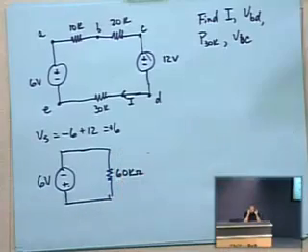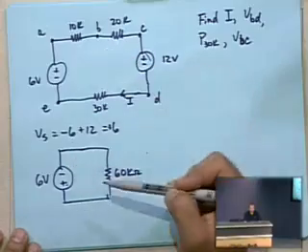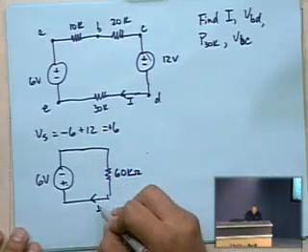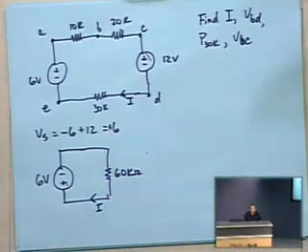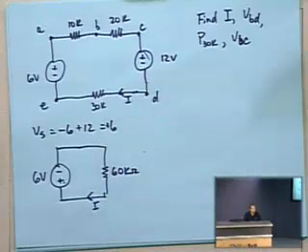What is tremendously important about this is that we've reduced this circuit down to this circuit, but what has not changed is that it's the same current. This current I and this current I are going to be exactly the same.